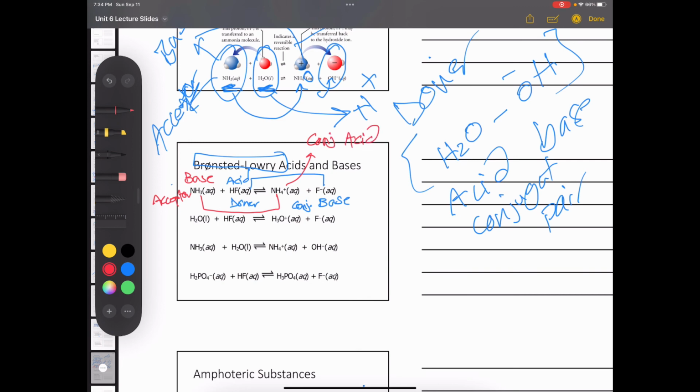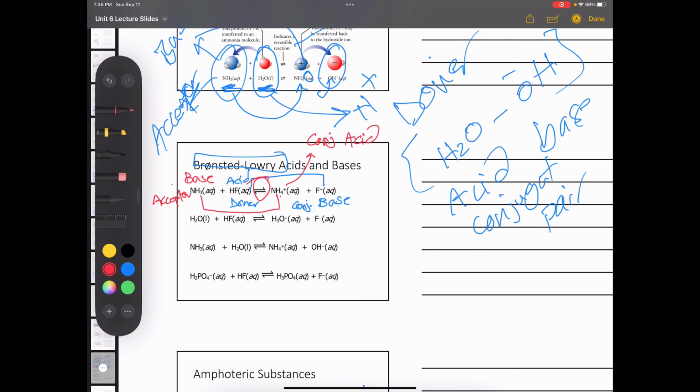Because if the ammonium loses the proton, the additional proton will form the ammonia back in the reactants, right? And that's why we have the reversible reaction, because this reaction goes to the products and to the reactants both ways.